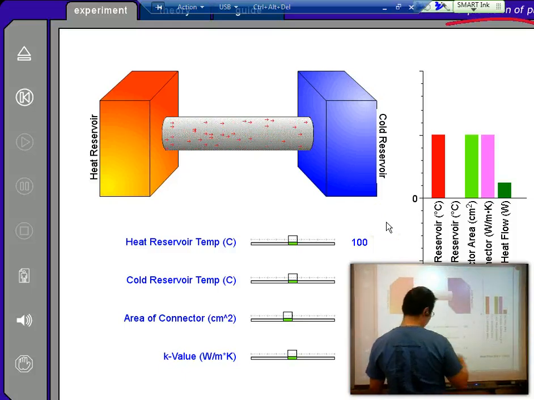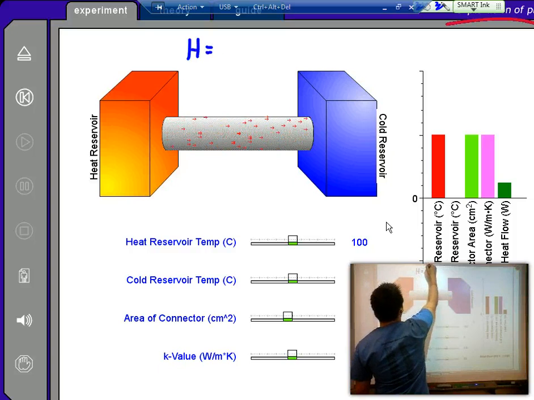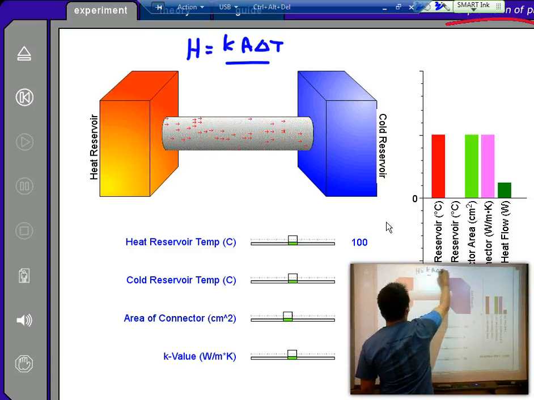As I said before, the formula is H equals K A delta T over L.